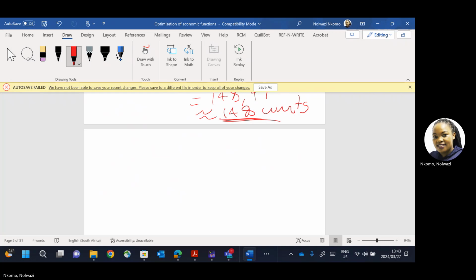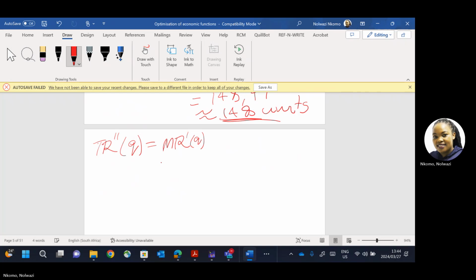Remember, to get the second derivative, we need to differentiate. It's like differentiating the first derivative. So the second derivative of the total revenue is the derivative of the marginal revenue.